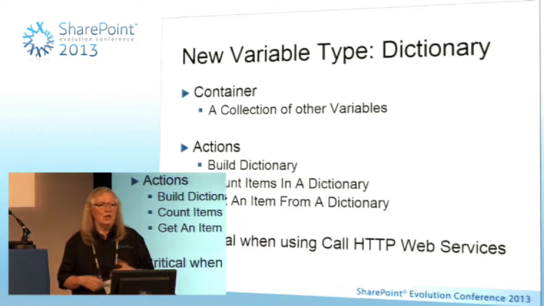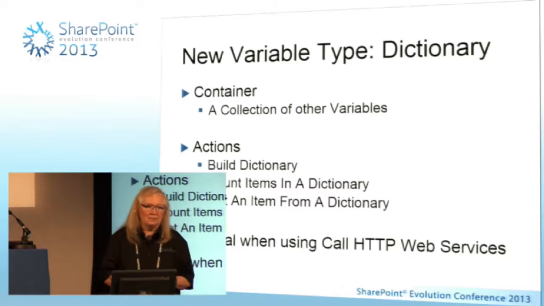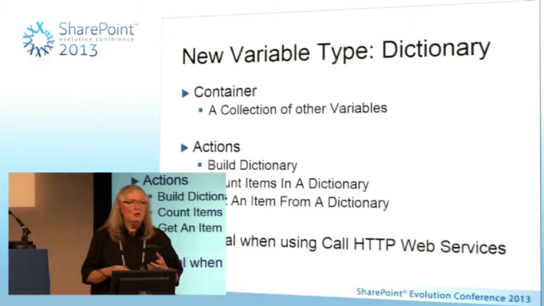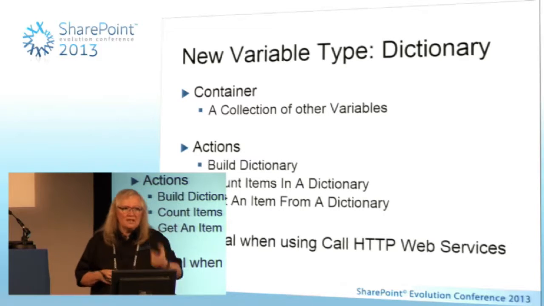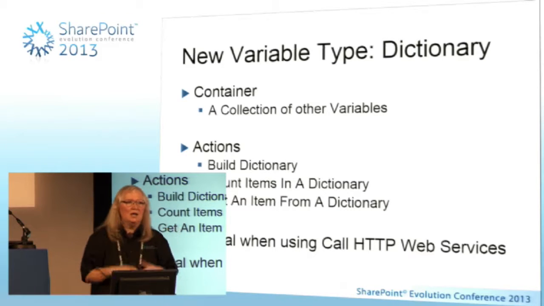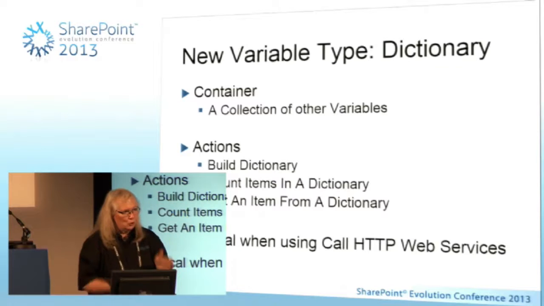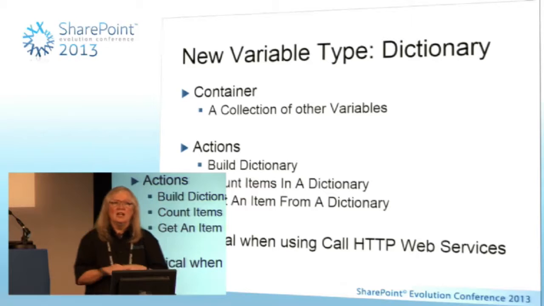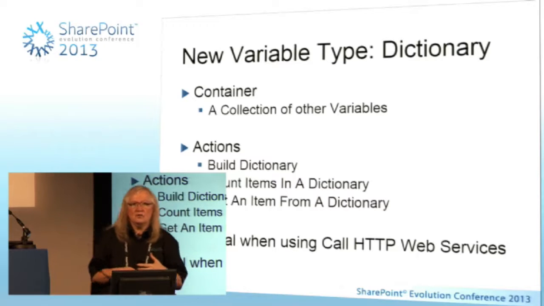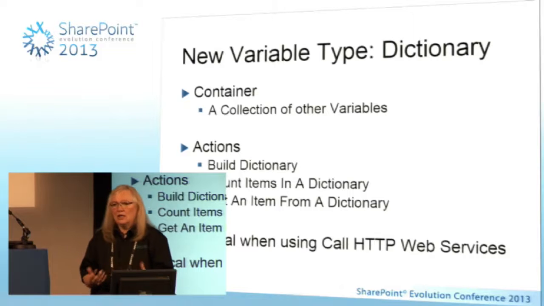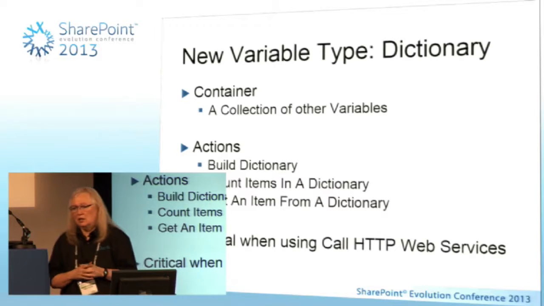In many cases, we only want one piece of information. But what we can do now with a dictionary is say, we don't just want one piece of information, we want several pieces of information about a person, perhaps. And perhaps we don't just want one person, we want multiple people and all the same sort of properties. Okay? So what we've got in SharePoint 2013 to take account of that type of scenario is what they're calling a dictionary.